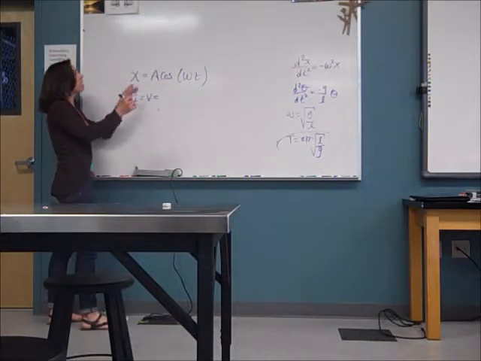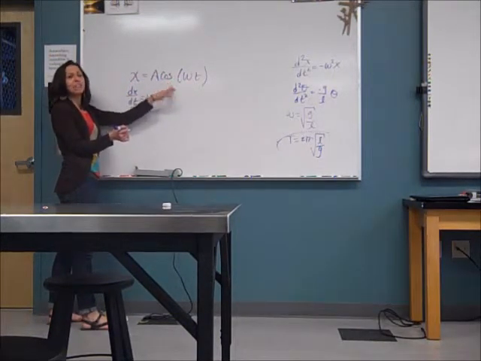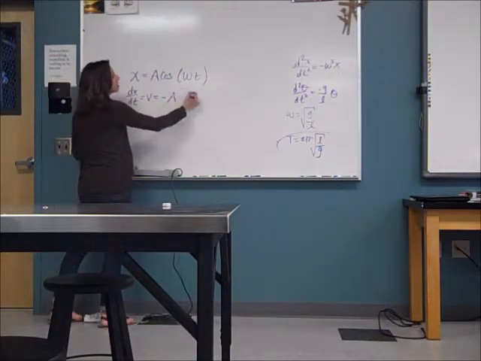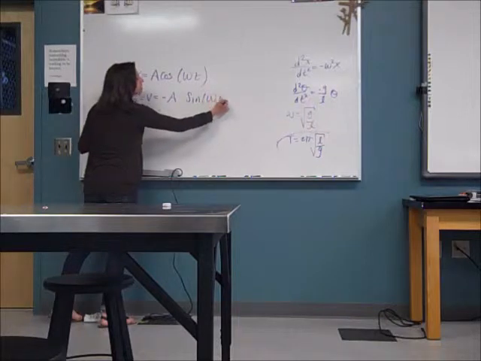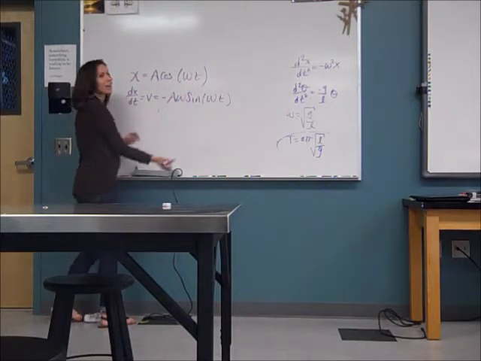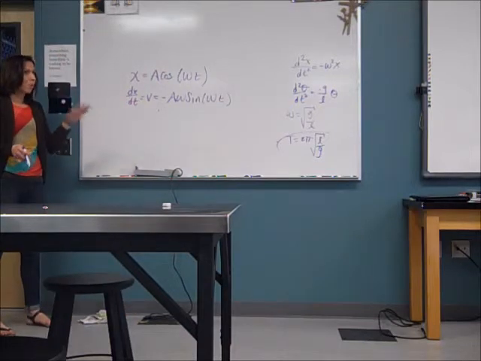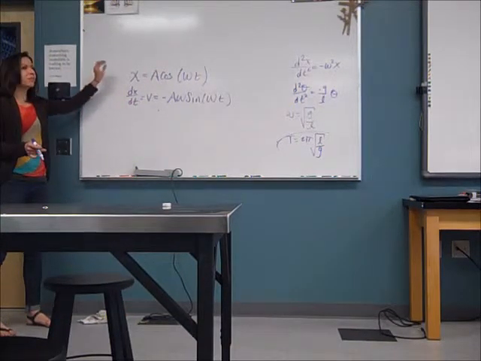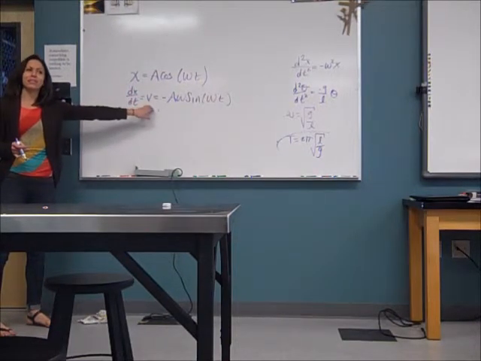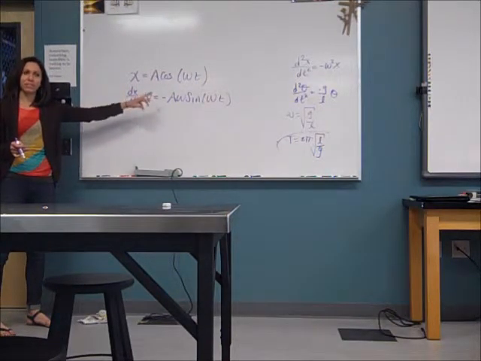The derivative of a cosine gives me negative sine, right? So it's negative a sine of omega t times the derivative of the inside function, which gives me an omega. Okay? The point being, when your position is at a maximum, your velocity is 0, and vice versa.